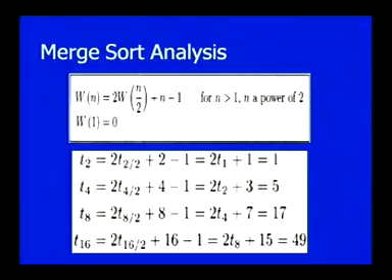T8, it becomes 17. T16, it is 49. So, you can see some sort of a relationship exists. T2 equal to 1, T4 is 5, T8 is 17, T16 is 49. So, what is the governing formula which connects these?